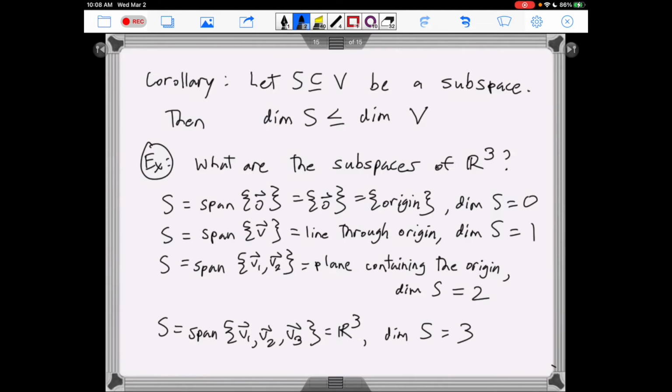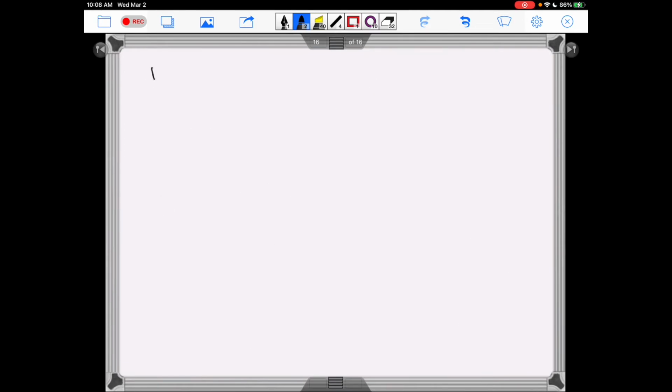We're almost done here. We've got just a few more last results that we need to write down. So, theorem. Let S be a subspace.